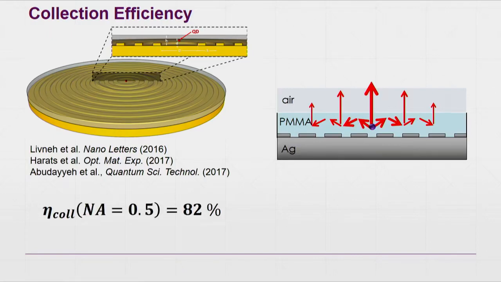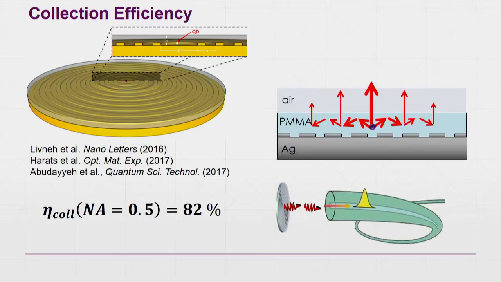And we've been able to show consistently collection efficiencies of the order of 80% into an NA of 0.5, which means that you can go towards directly coupling fibers to these types of sources without any additional optics on the way.